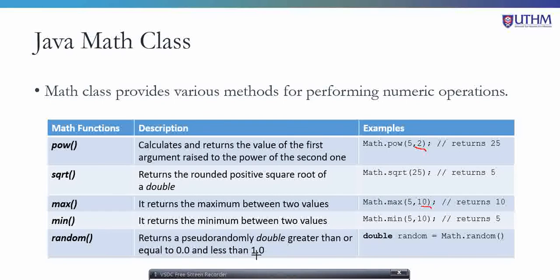This is how you generate the random number in Java. Actually, there are many other mathematical functions that you can have in Java, but here I just shortlisted the ones that we commonly use.